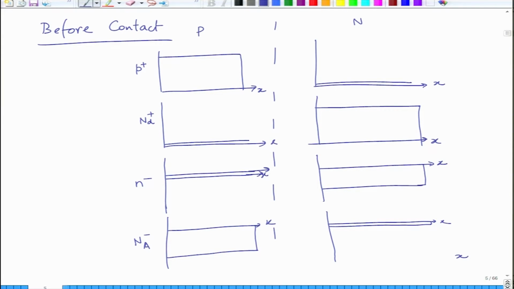So P type has very large hole concentration and very large acceptor concentration, N type has very large electron concentration and donor concentration.